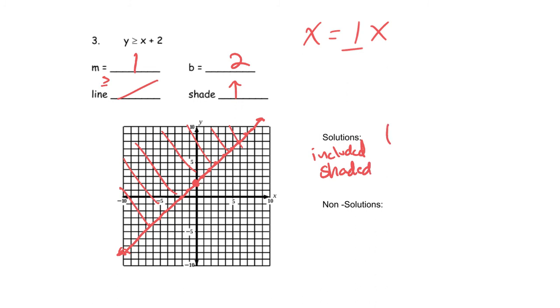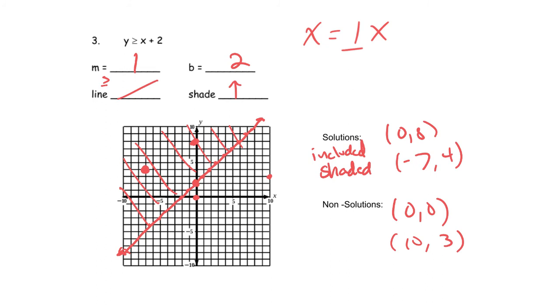I'm going to choose (0, 8) right here, and I'm going to choose (negative 7, 4). Negative 7, 4 is right here. Now my non-solutions are the ones that are not shaded. So (0, 0) right here, not a solution, and (10, 3), not a solution.